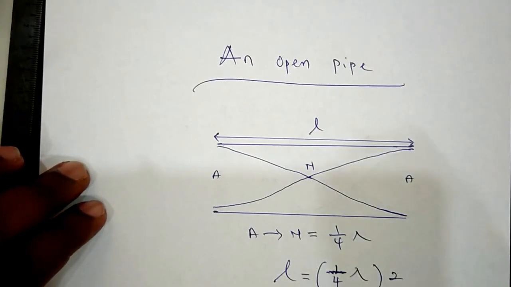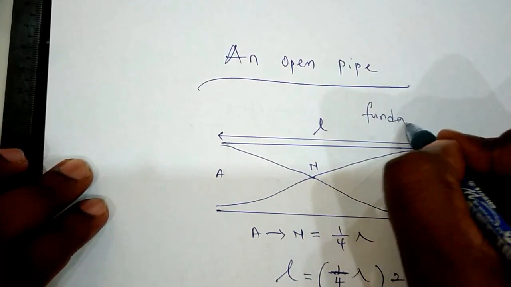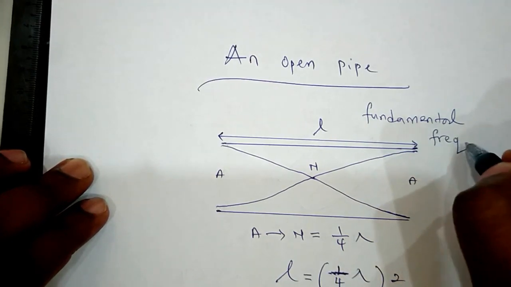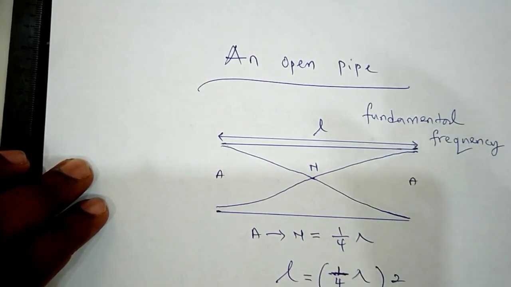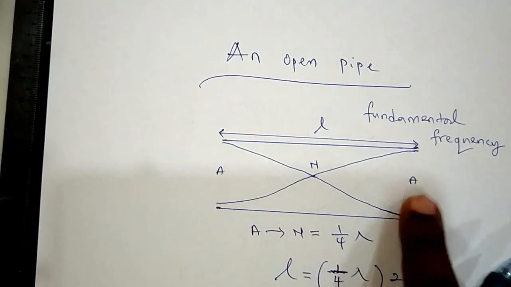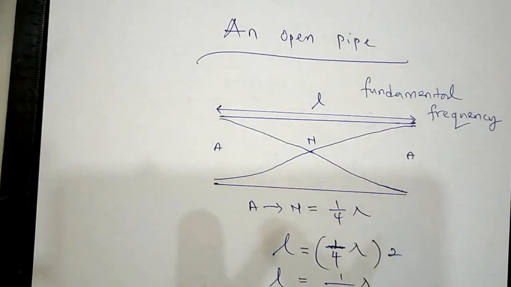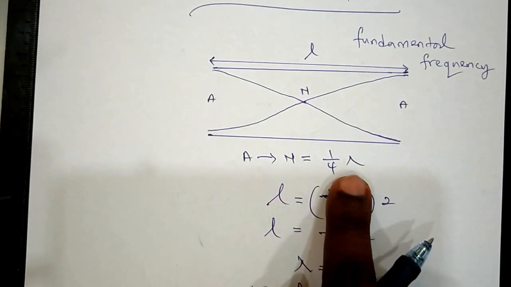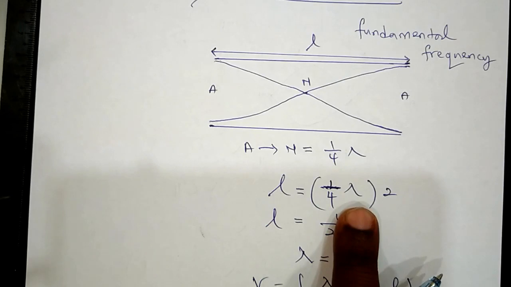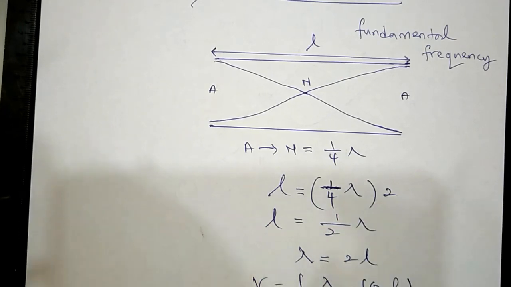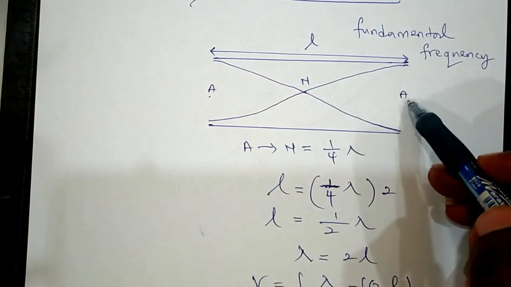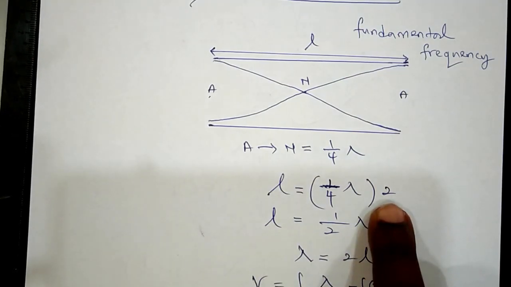For the fundamental frequency, or we call it the fundamental mode, with 2 antinodes and 1 node. Antinode to node is a quarter wavelength, so the length equals a quarter wavelength times 2.